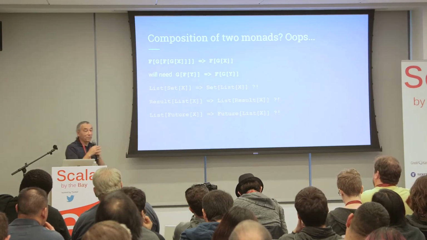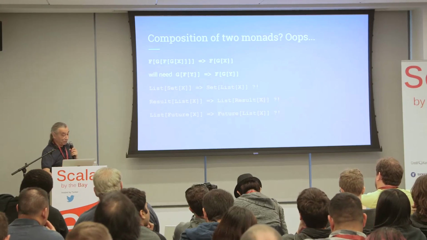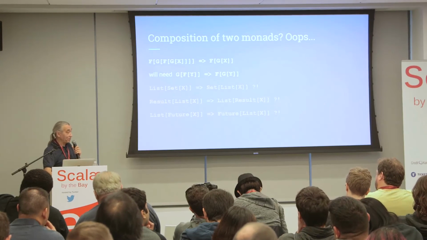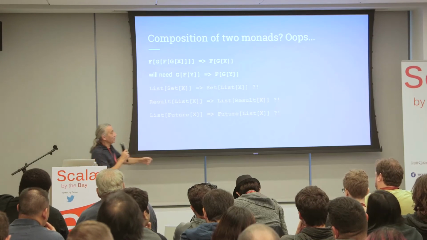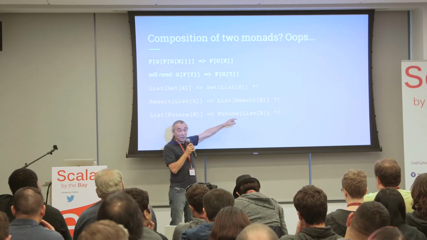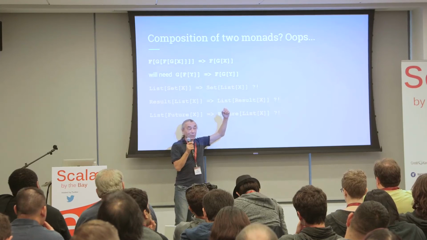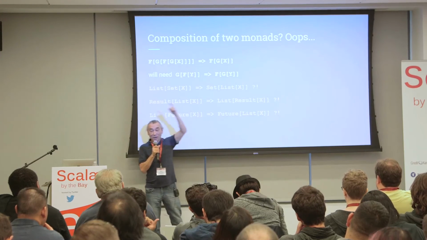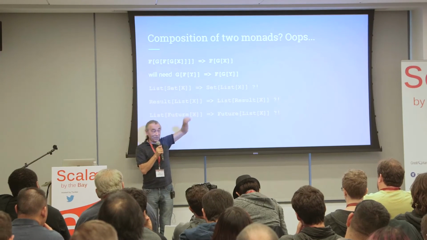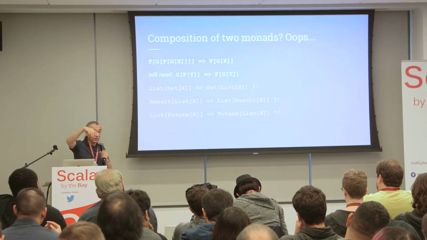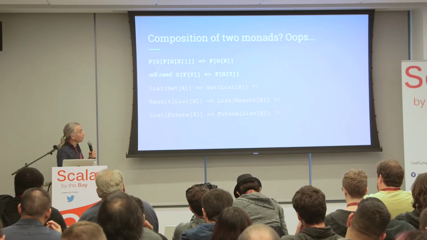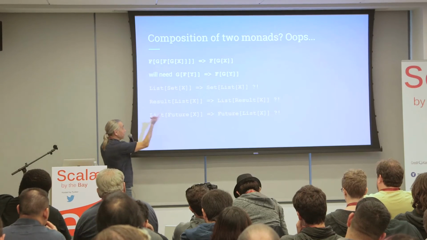Well, hardly, and it's definitely not efficient if we even invent that. No, it's not possible. If we have a future of lists, should we wait for each individual element, keeping in mind that there is something else? All these components of the list will depend on other components. So it's impossible. So lists with futures don't commute.